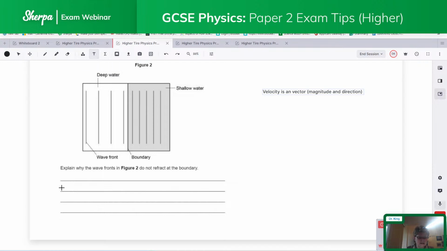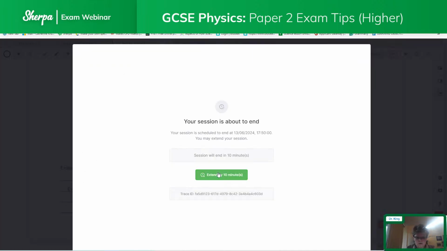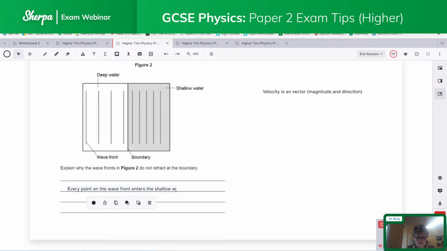So how to explain that? Every point on the wavefront, in the case of our figure 2, enters the shallow water at the same time.